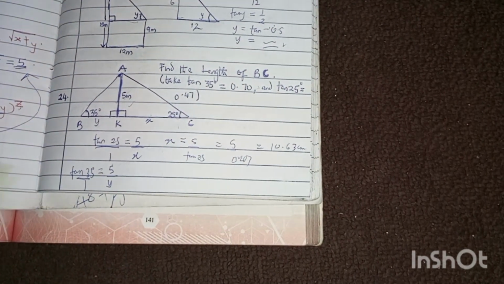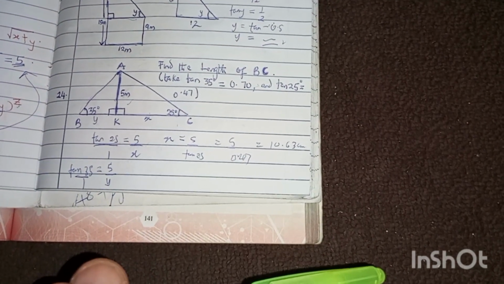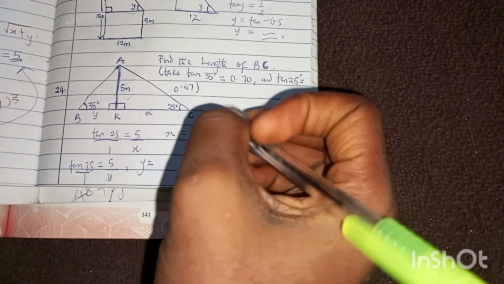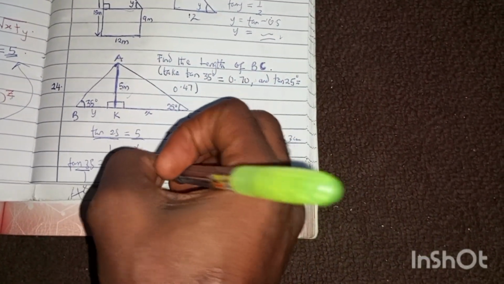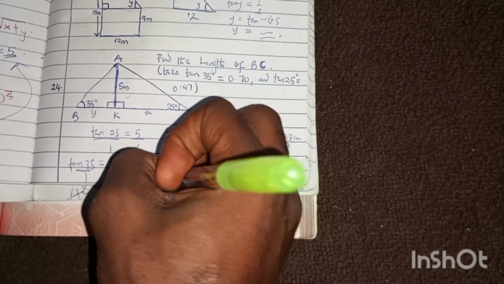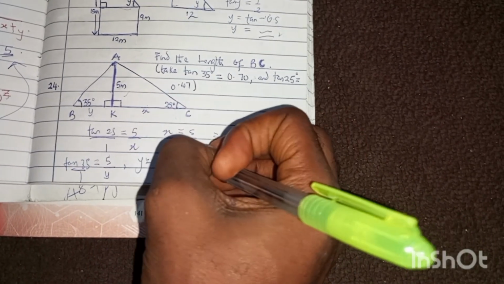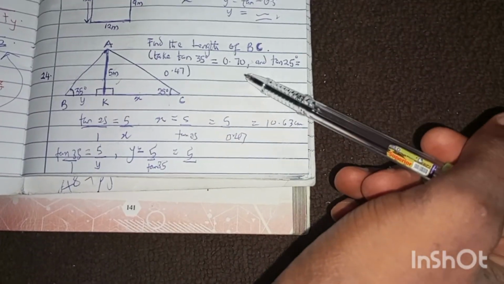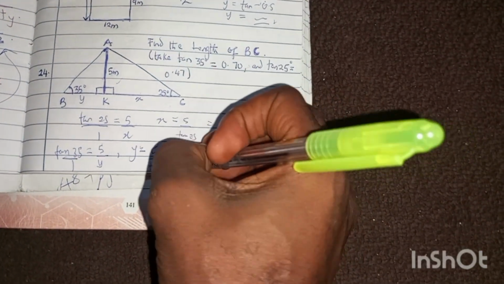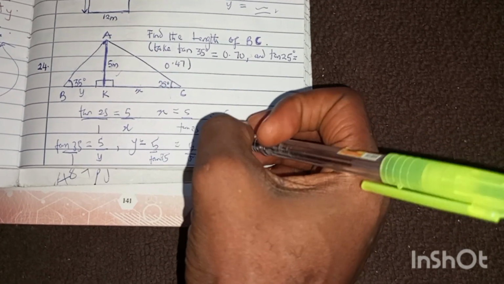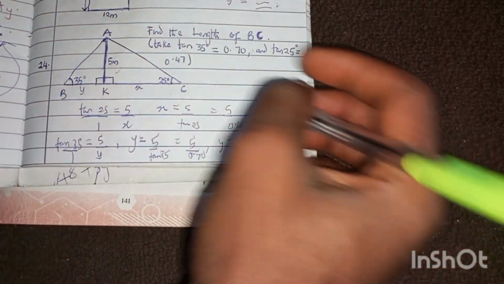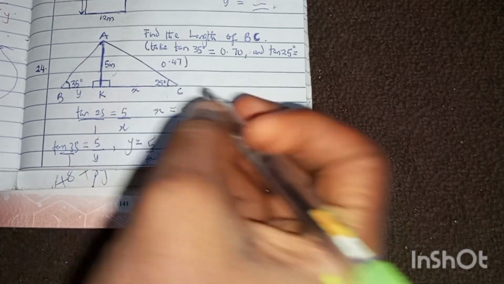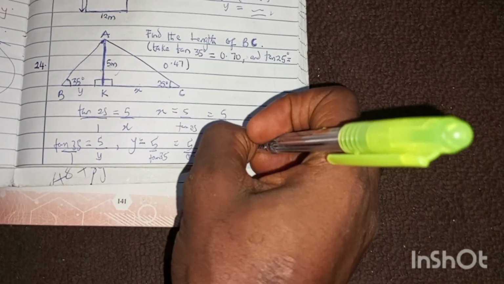If I cross multiply, eventually I get my expression for y, making it such that the formula y is going to be 5 all over tan 35. And that's going to be 5 all over what's tan 35. Tan 35 is being given as 0.70. So y is going to be 5 over 0.70. That's going to be 7.14.